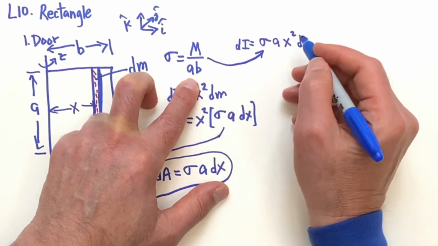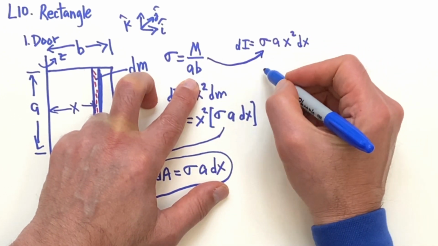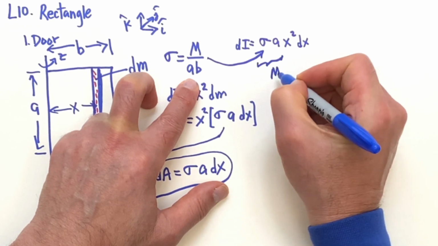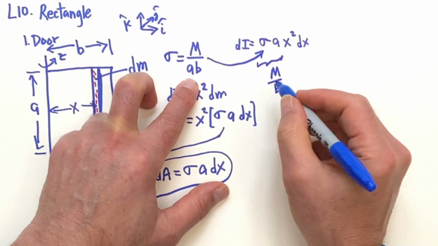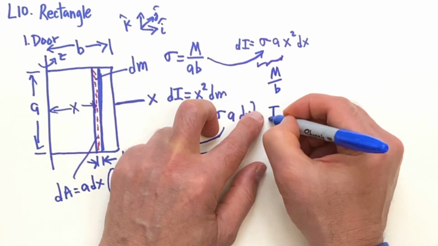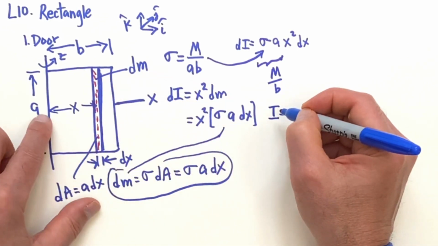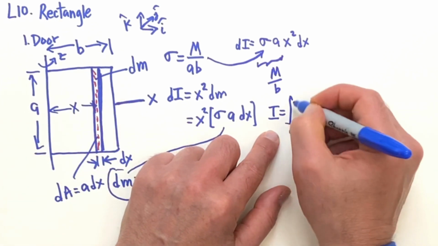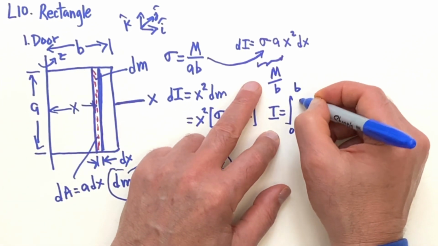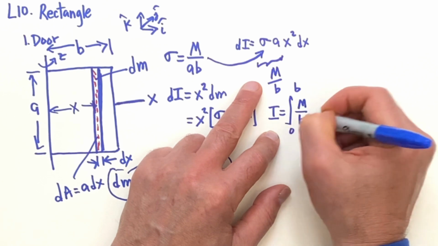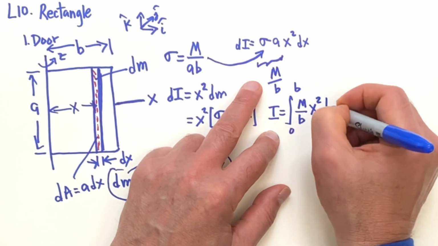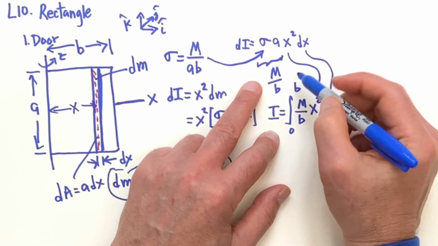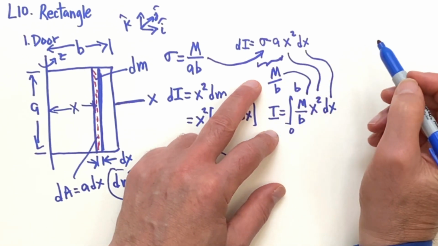A is going to cancel, and you're essentially going to get here big M over b. So the integral that we're doing, and we're integrating here from x going from 0 out to b, we have big M over b times x squared dx. So we have everything here.